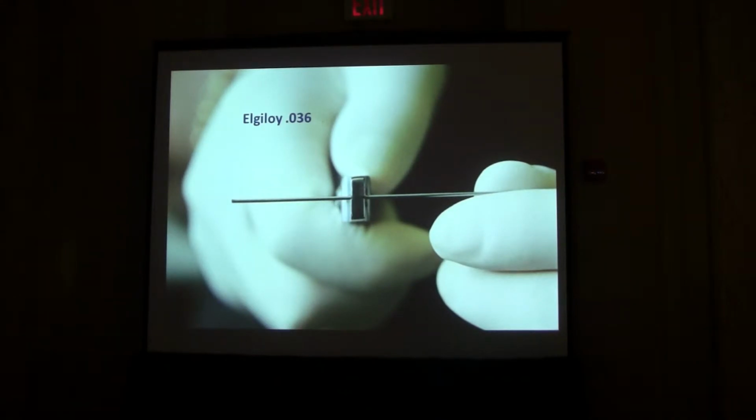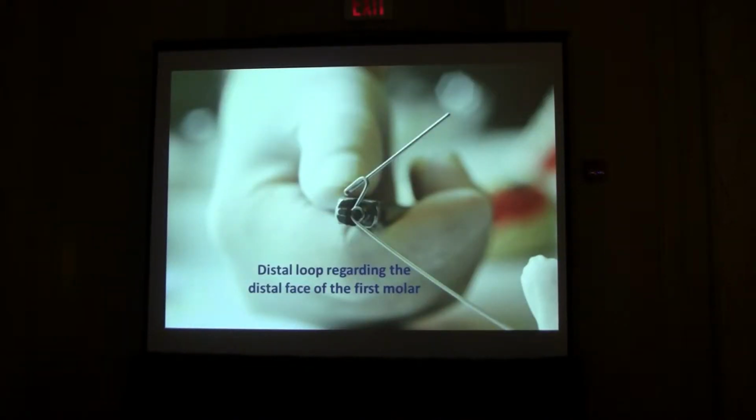Let's start the quadratics by reminding you a few fundamental principles of construction. For mechanical reasons, it should be made in LG 0.036. Personally, I have always made my own quadratics. The first distal loop must be regarding the distal face of the first molar.